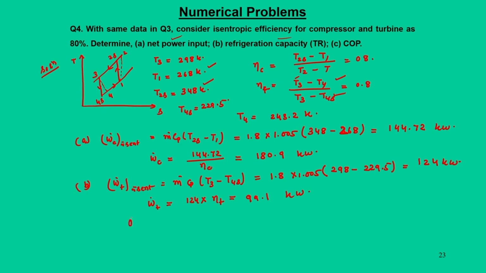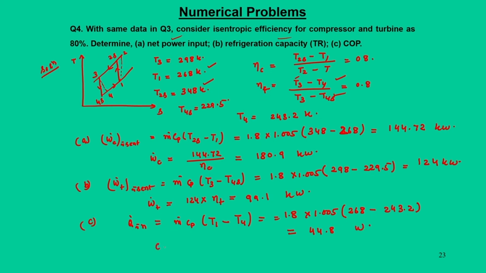Then Q dot in is m dot Cp (T1 minus T4). So, this will be 1.8 into 1.005, T1 is 268, T4 is 243.2. So, this number is 44.86 kilowatt.